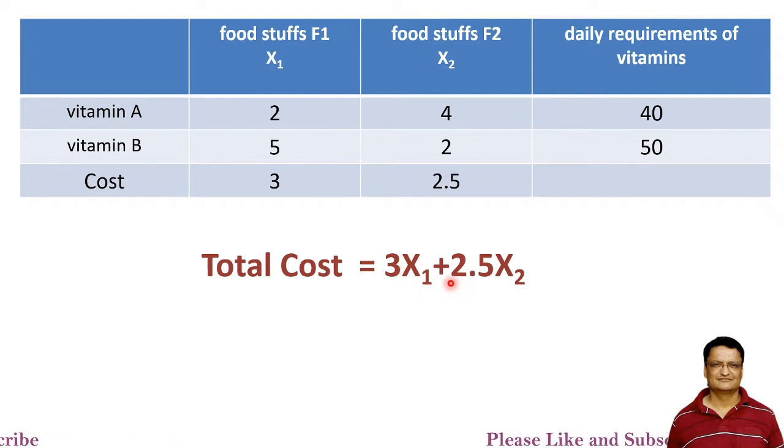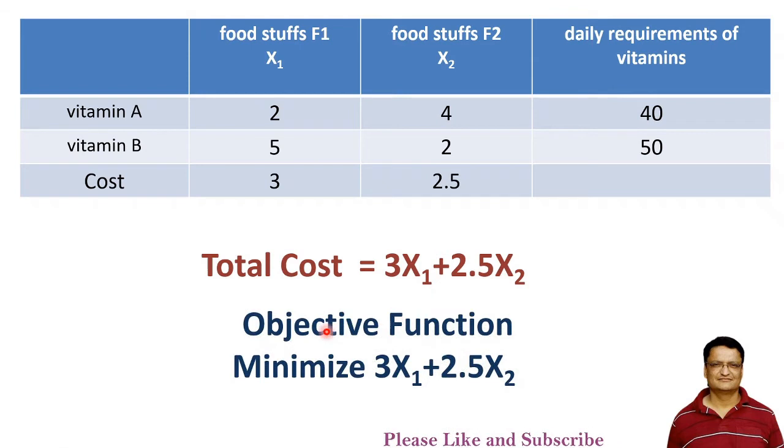Similarly, the cost of producing 1 unit of F2 is 2.5 and we want to produce x2 number of units, so the total cost will become 2.5x2 and the complete cost will be 3x1 plus 2.5x2. So this becomes my objective function, right? And I want to minimize this total cost. So this is my objective function.